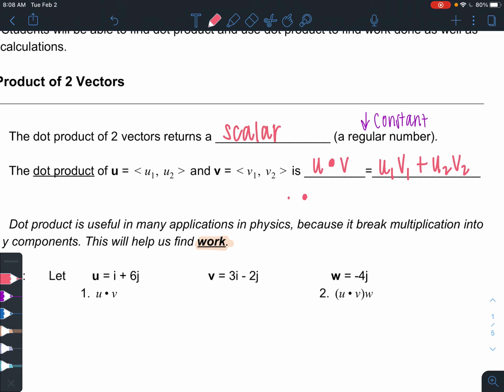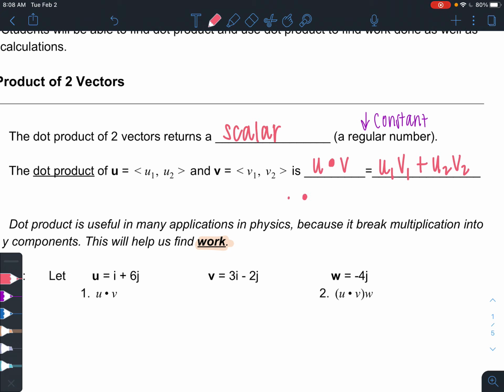So we have 1, 6 dot 3, 0, negative 12. So then that's 1 times 0 plus 6 times negative 12. 0 plus negative 72 equals negative 72.